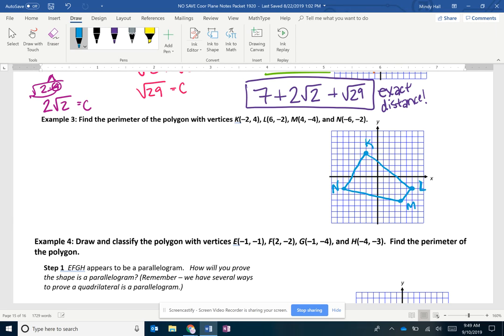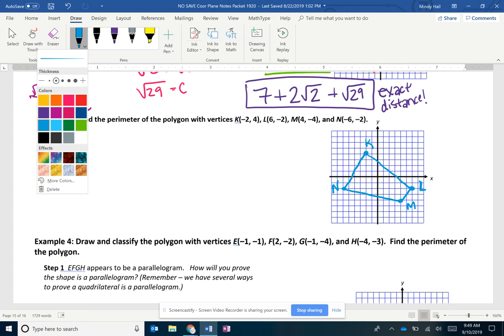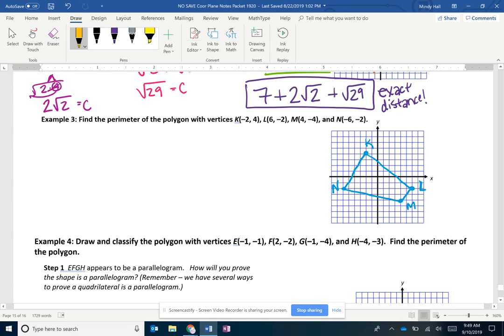So again, we want to find all of these lengths. Because we want all of these lengths, organization is very, very helpful.